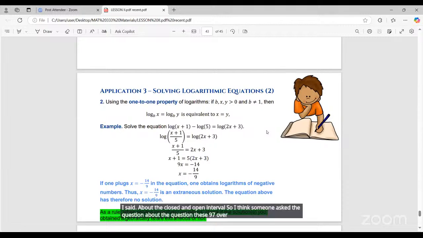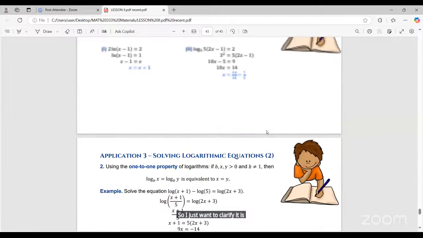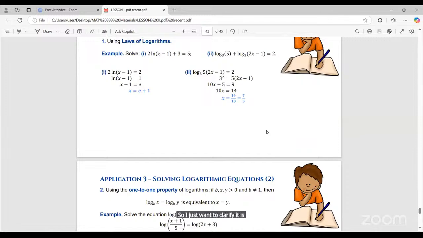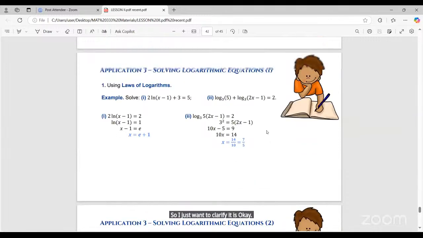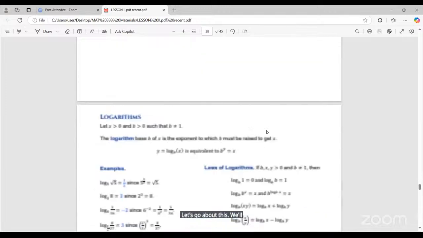Why is it included? Let's go back there so that we all see what is happening.